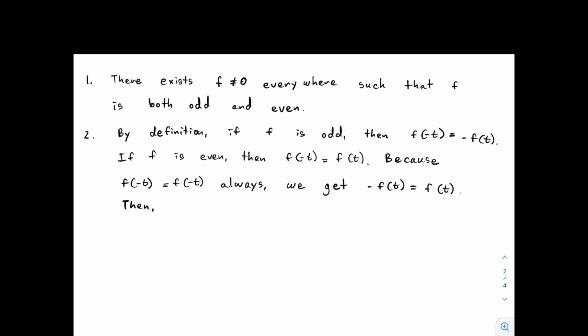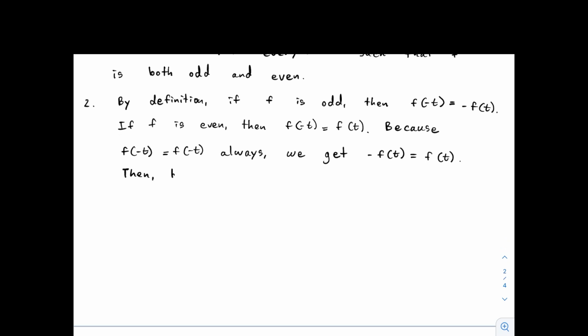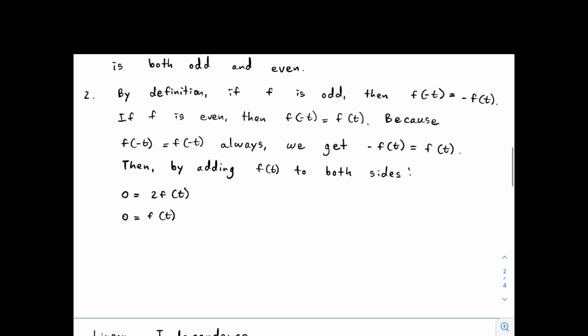Then, by adding f of t to both sides, we get that 0 equals 2f of t, and 0 equals f of t. f of t equals 0 contradicts our assumption that f of t doesn't equal 0.